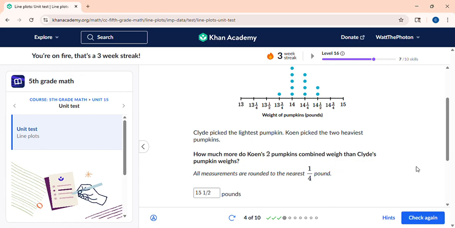No, doesn't seem right. 14.5 times 2, that minus 13.75.